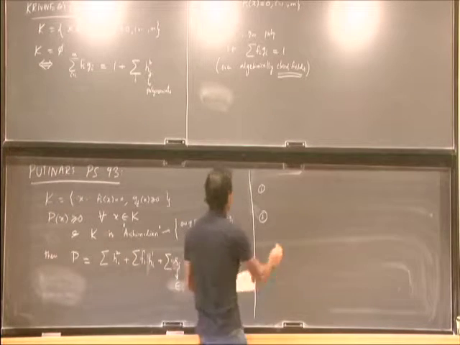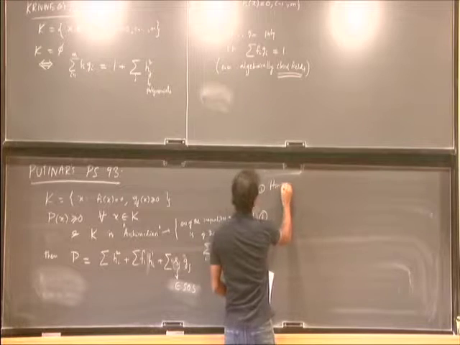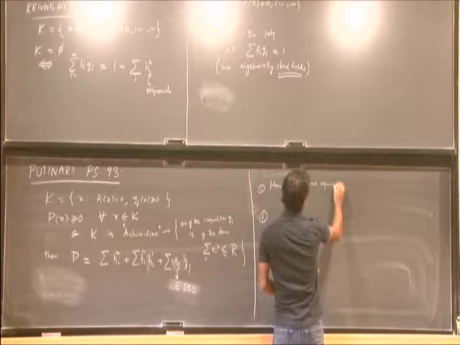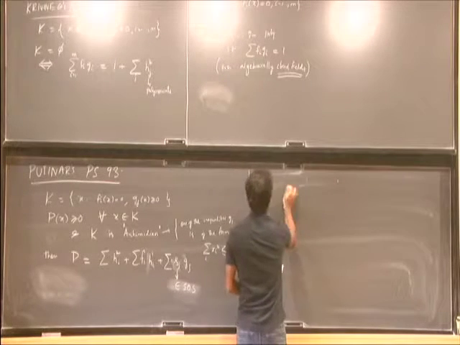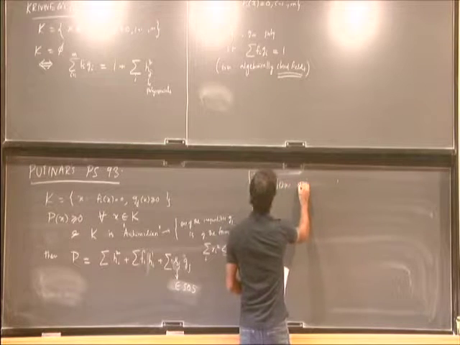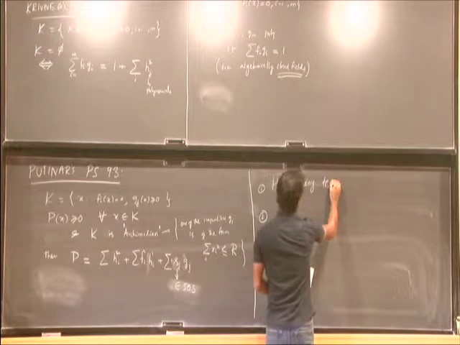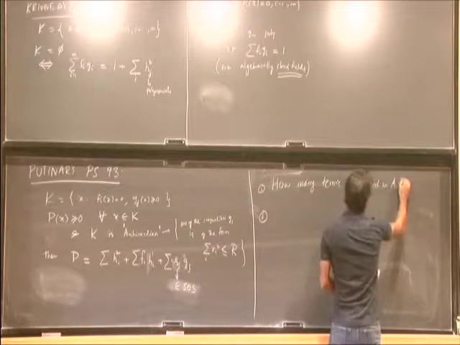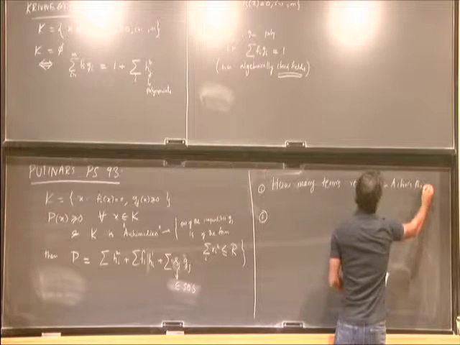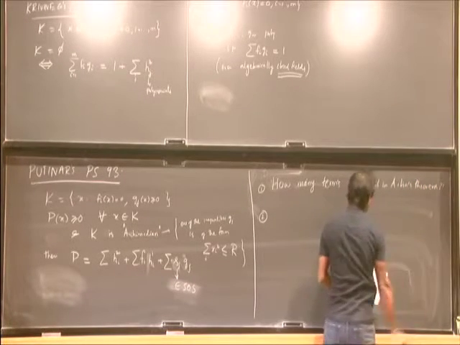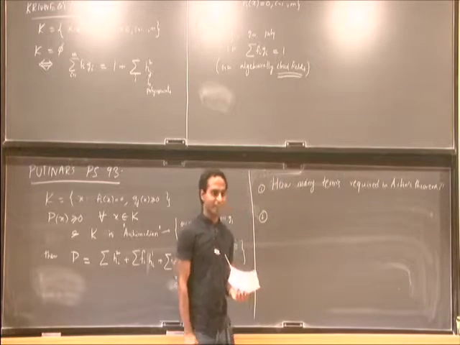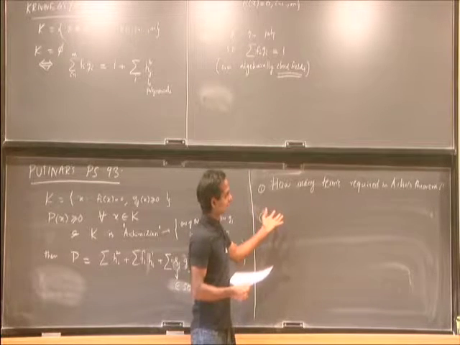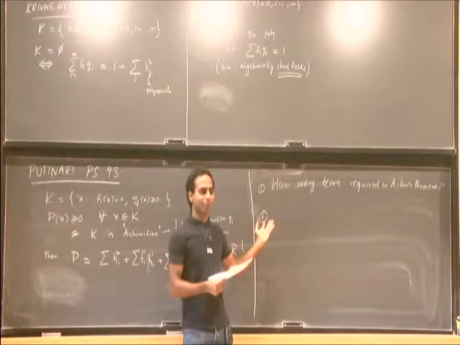How many terms are required in Artin's theorem? Mathematicians care a lot about this apparently, and they have very weak bounds. They have a lower bound of n and an upper bound of something like 2 to the n.